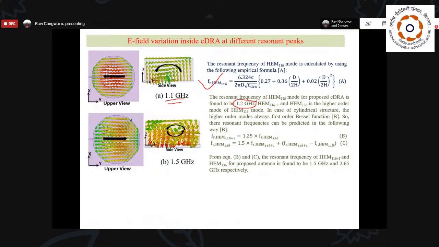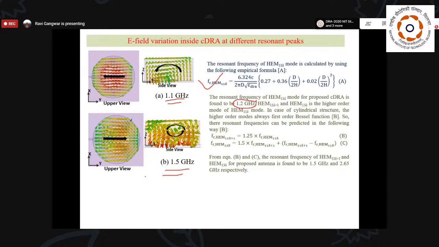Then I have shifted to the second band, which is 1.5 gigahertz. And when I have drawn the field distribution at 1.5 gigahertz, then I find that this field distribution is just like the HEM11δ+1 mode, or HEM11δ-like mode. So that is basically going to give your clear-cut idea about your second mode which we have created.